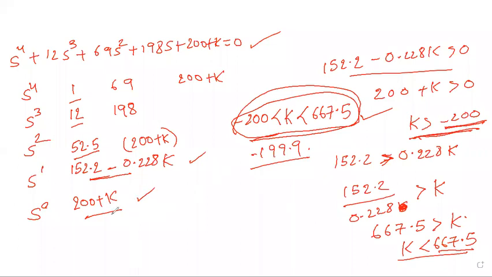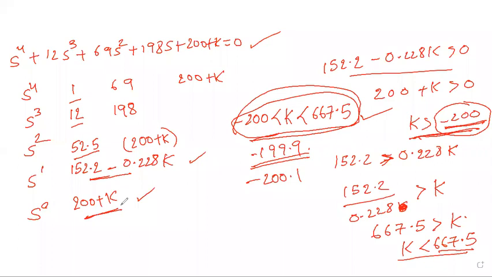If you replace minus 199.9 here, are we getting a positive or negative value? Positive, sir. Suppose we take minus 200.1, which is less than minus 200. You are getting negative. Negative means, is it stable or unstable?